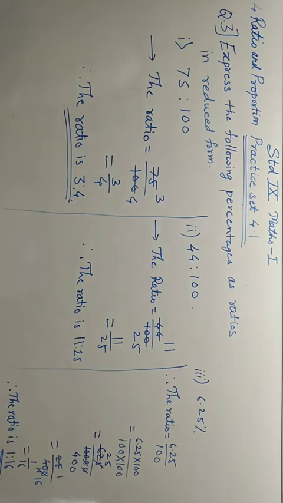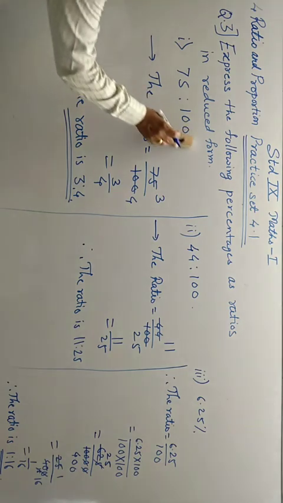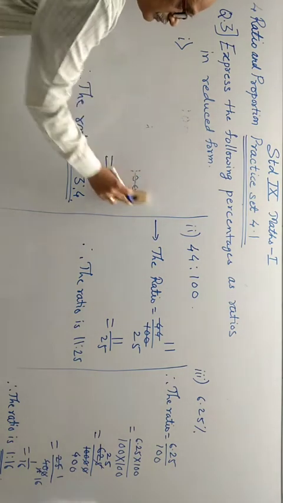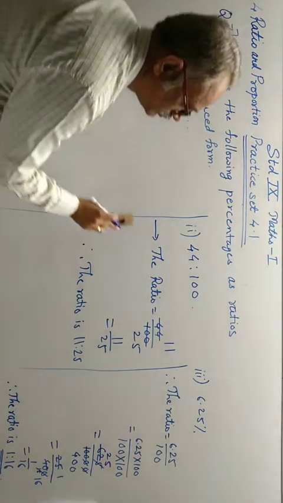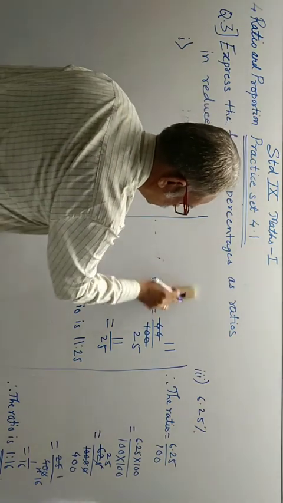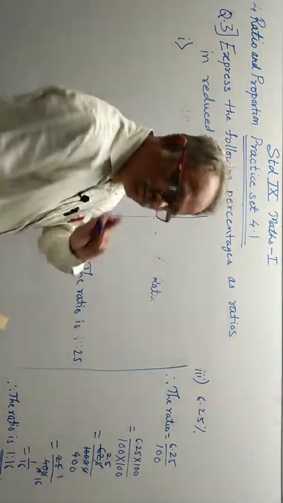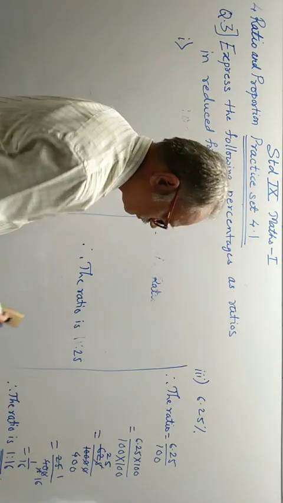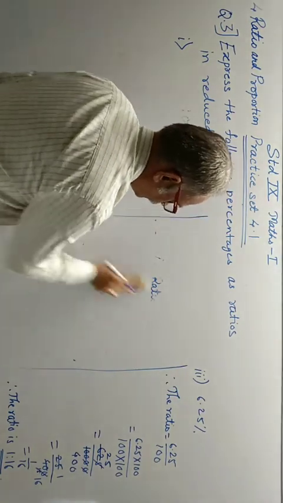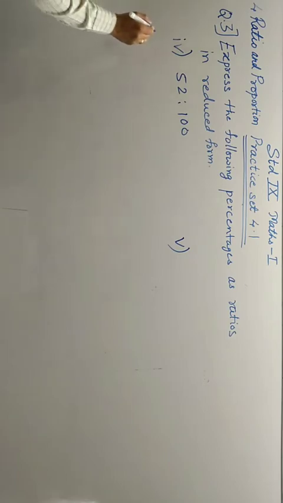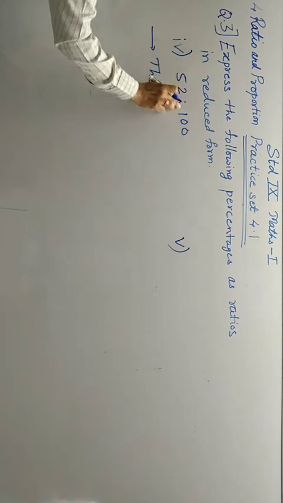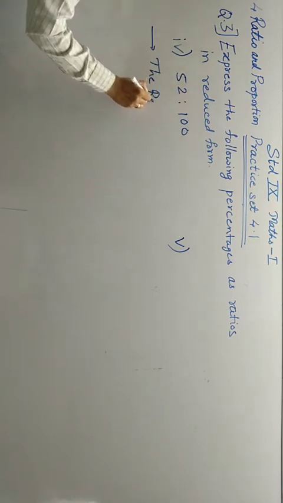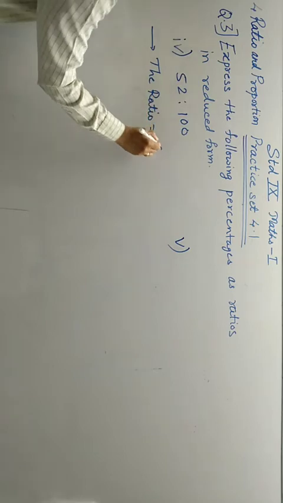Now I will explain the remaining fourth and fifth sum. The fourth sum, the percentage given is 52 is to 100, means 52%. So the ratio is 52 upon 100.